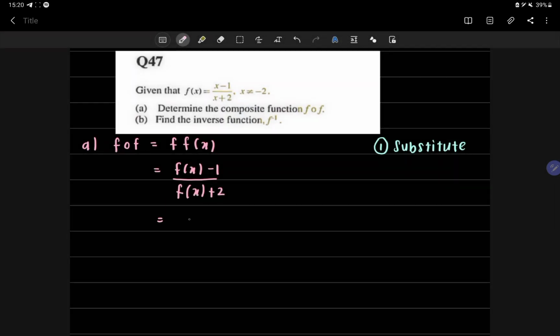So it becomes (x minus 1 over x plus 2, minus 1) over (x minus 1 over x plus 2, plus 2).